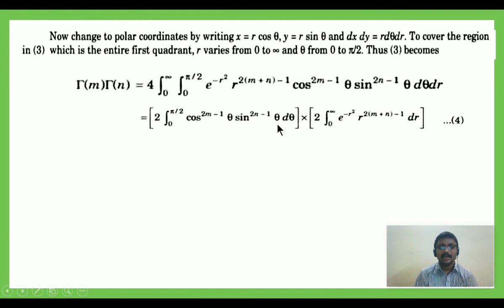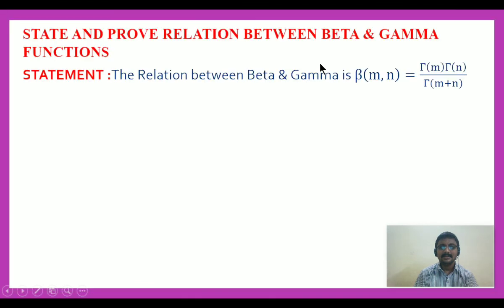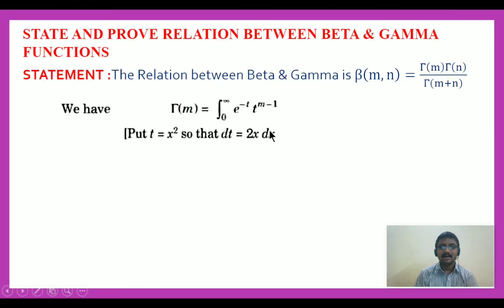Now the first value is nothing but beta of m, n, but what is the second value here? It is nothing but gamma of m plus n. So we will have gamma of m.